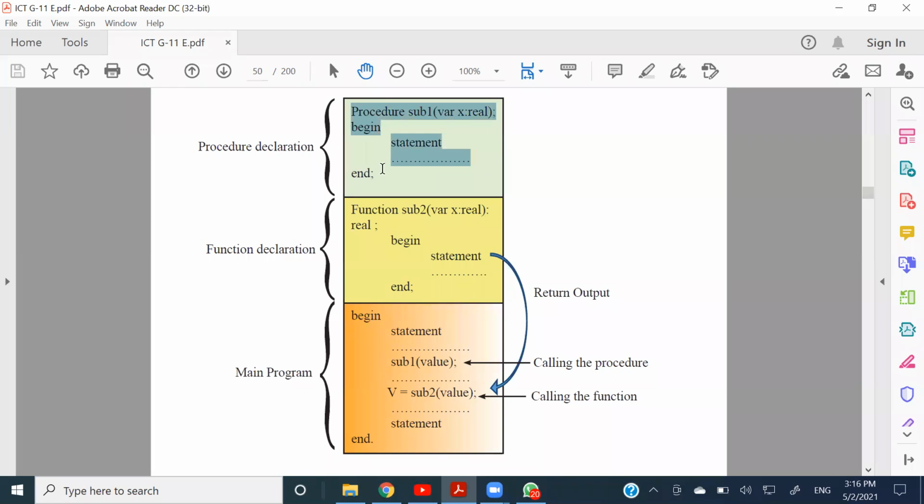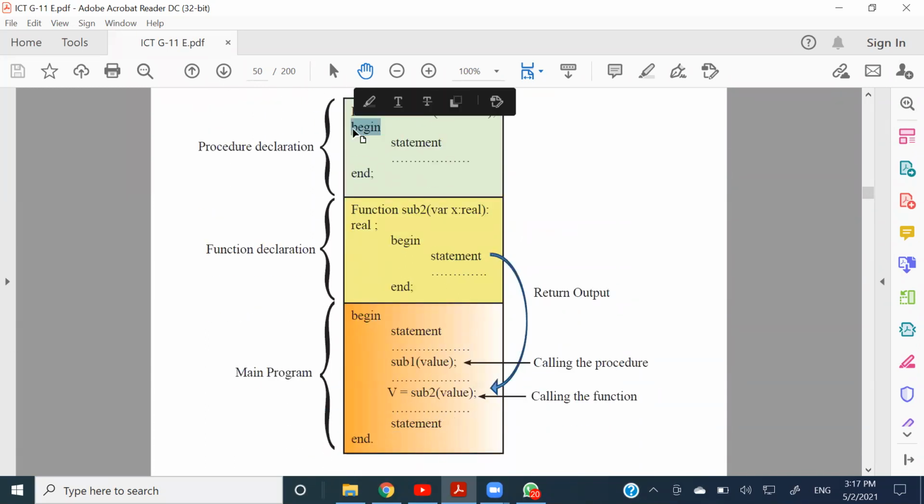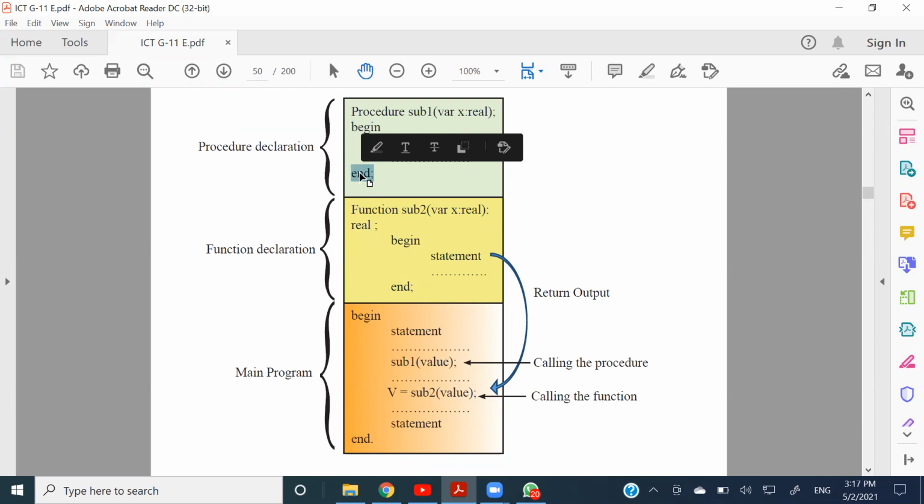They have declared a procedure, right? So the procedure declaration is here. The name of the procedure is sub1, and variable x is a parameter which is in the real data type. Then this begin and end indicates the scope of the procedure, right?